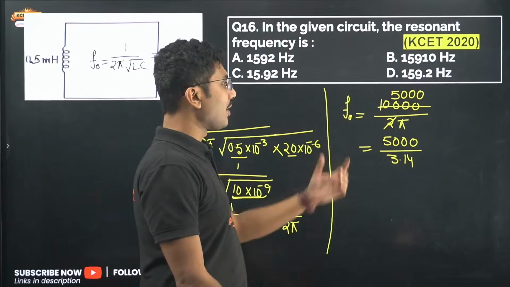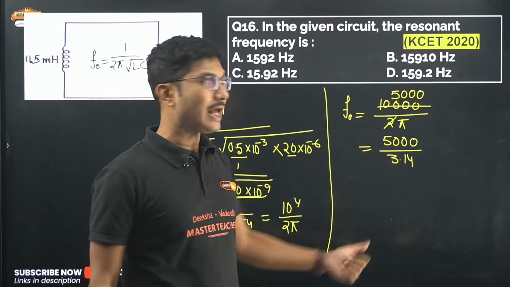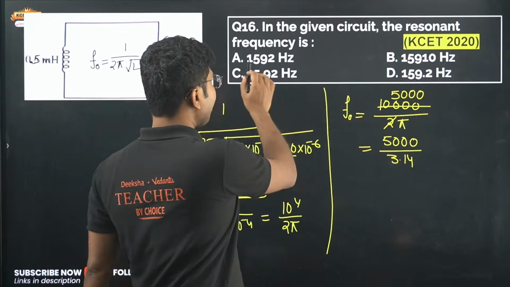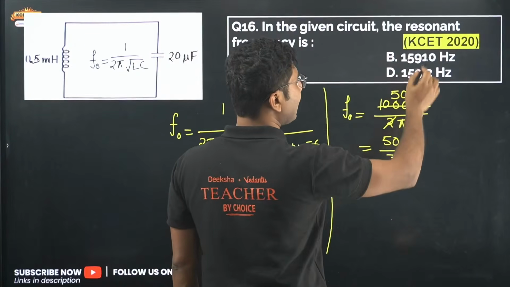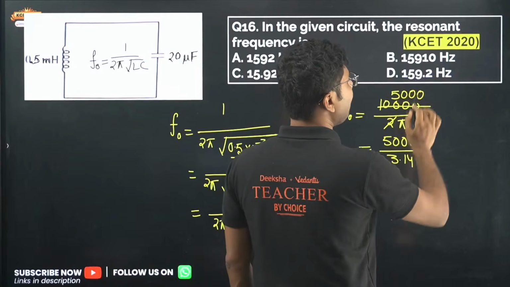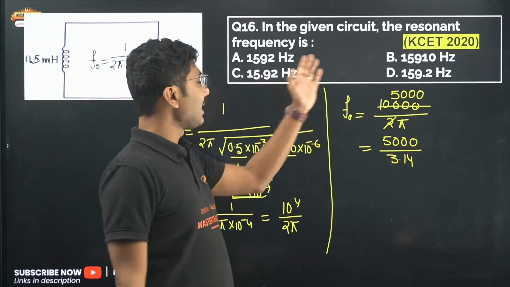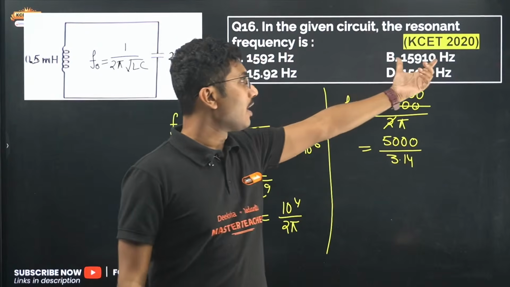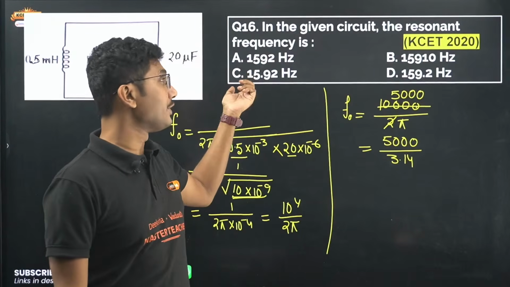For that you have to check how many figures your answer will have. If you see, all the options have different numbers of digits: 1592, 15910, 15.92, 159.2. So all the results have different digits. This has 4 digits, this has 5 digits, and this has 2 digits.